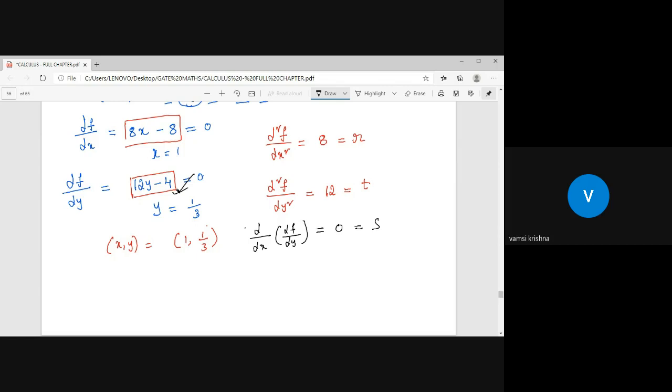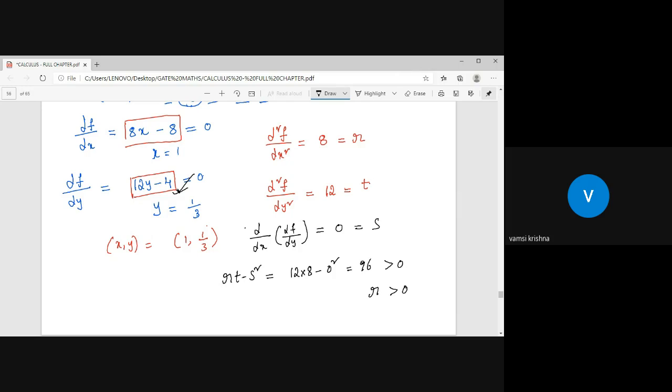Now let us compare RT minus S square. R into T minus S square is equal to, sir, R into T, 12 into 8 minus 0 square. So that is 96. 96 is greater than 0. And moreover, R is also greater than 0. R is 8, that is also greater than 0. Both are greater than zero.